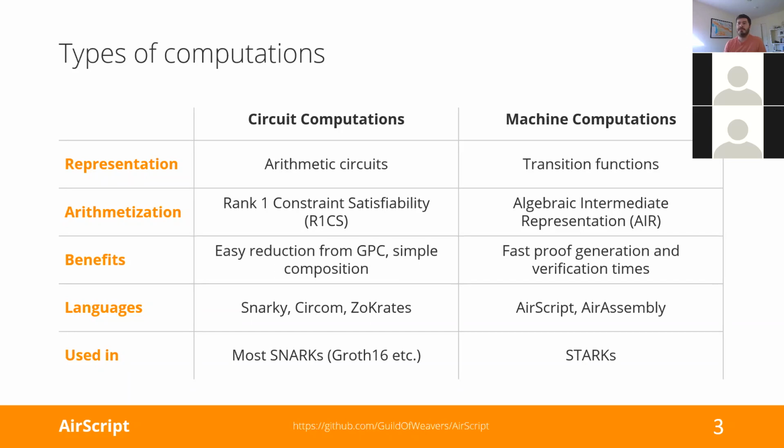In terms of where different representations are used, most SNARKs, maybe even all SNARKs, rely on R1CS constraints. And AIR, as far as I know, is only used in STARKs. I don't know of other systems that use AIR representation, but I might not know everything.